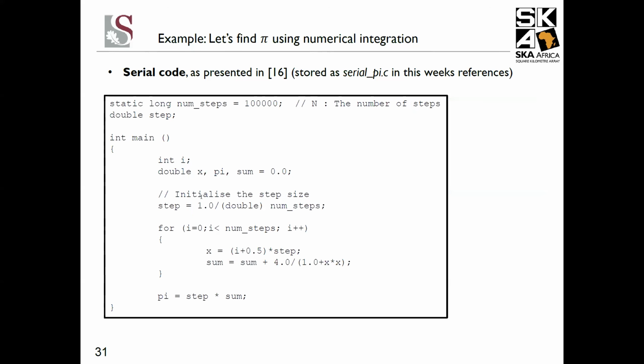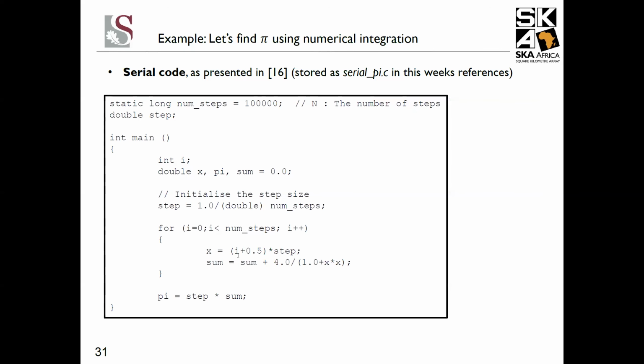So first thing is we need to initialize our step size. So the step size is just 1 divided by the number of steps. Then I loop between all of my rectangles, and I calculate x, which is my specific x position.